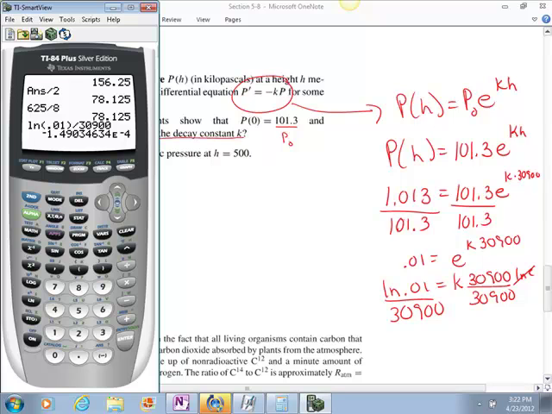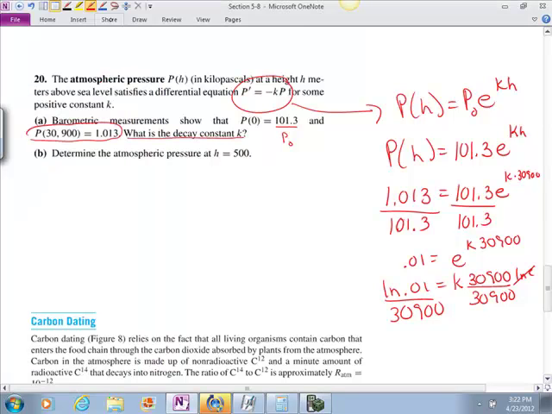So you can say this is like 3 zeros in front, right? Negative 0.000149. So your k is approximately negative 0.000149.